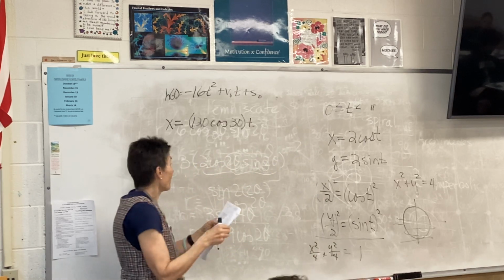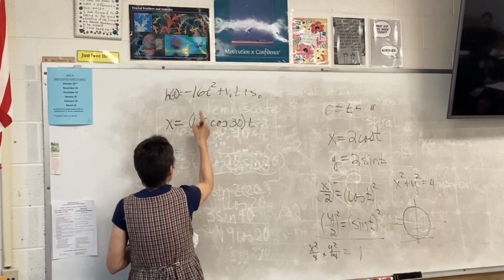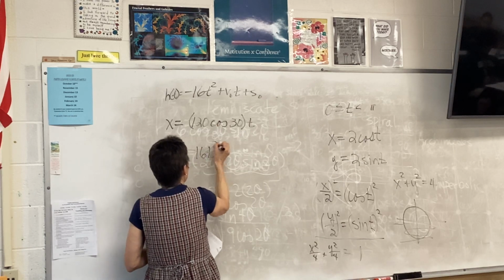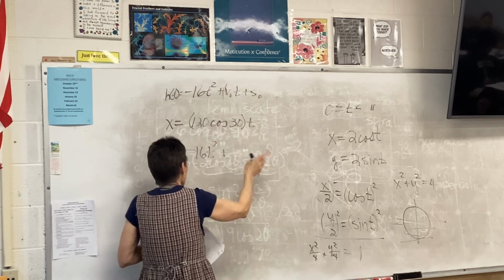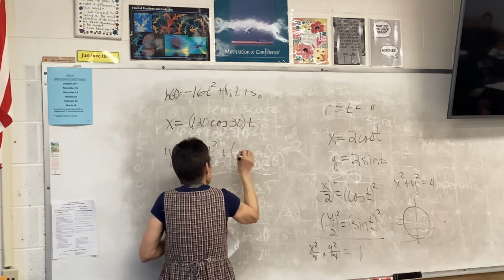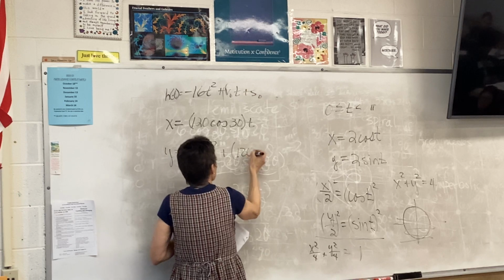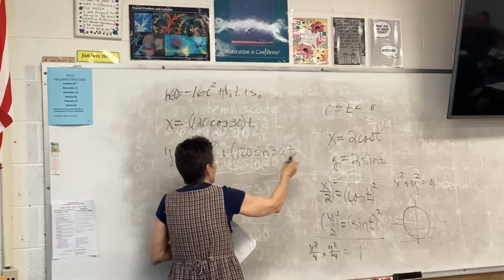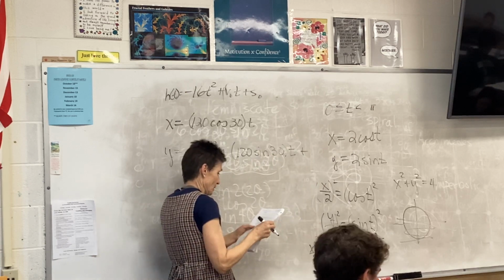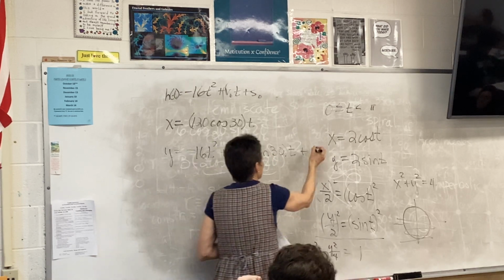All right, and then my y is going to have my negative 16t squared, but my y component has also been changed. So what's this going to be? 120 sine 30 t, and then what was my initial 4 feet above the ground?